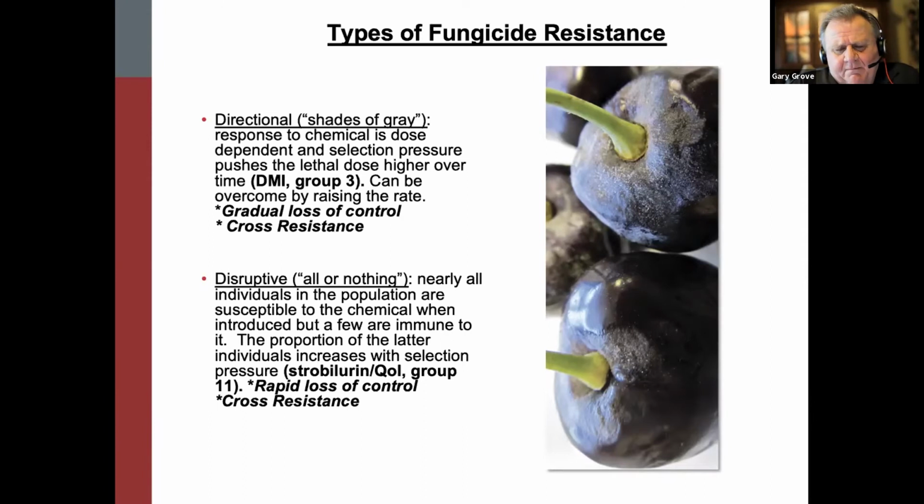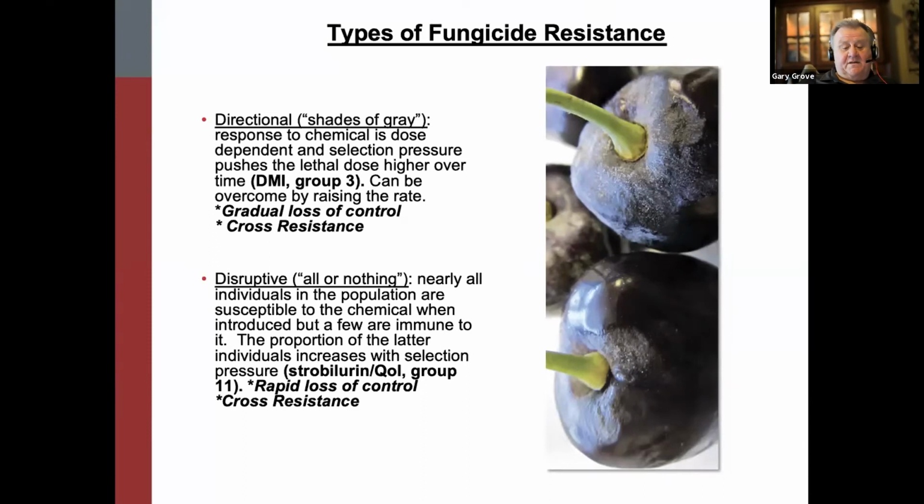Now, the other type of resistance, and we've been over this before years ago with the DMIs, is directional, or what I would call shades of gray. The response to the chemical is dose dependent, and selection pressure pushes the least lethal dose higher over time. And this is the type of resistance we see in the group 3s, DMIs or sterol inhibitors.